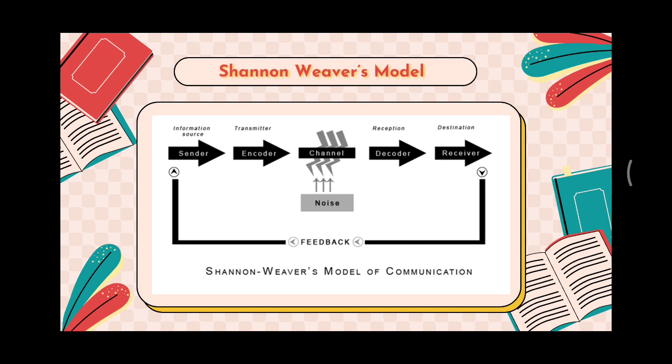While external noise includes noise from cars, from your electric fan, from your neighbor, that were present while you received the message. Now, the feedback: if you can notice here, there is feedback that was returned to the sender by the receiver, which is different from the other two models.